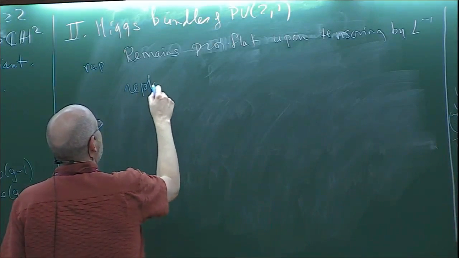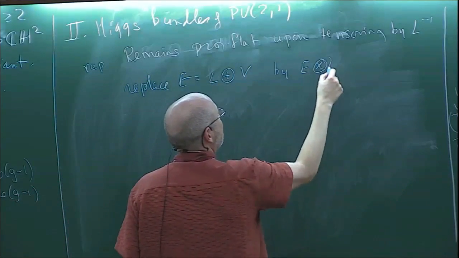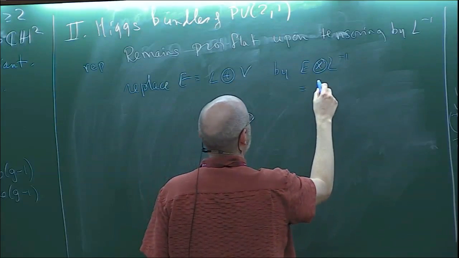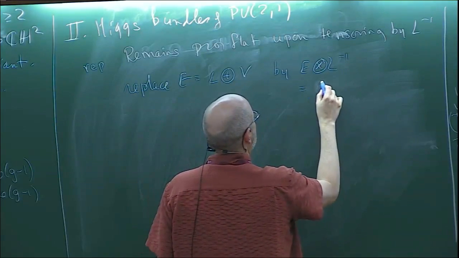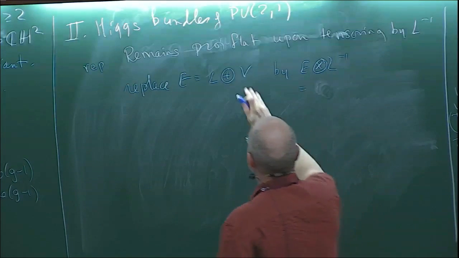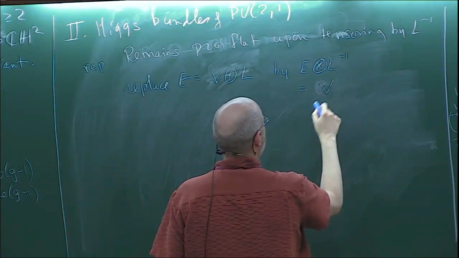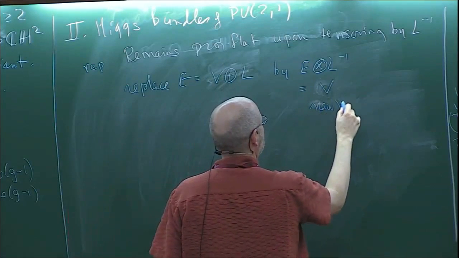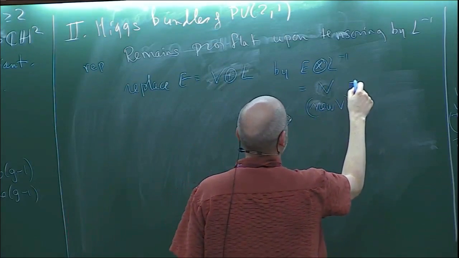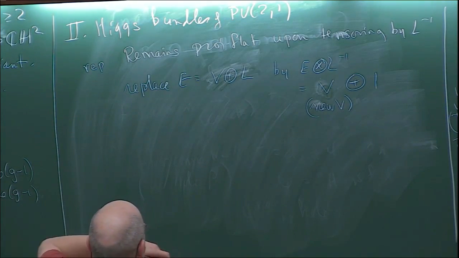And so we're going to replace E, which is L plus V, by E tensor L inverse. Let me write this. Maybe I should say V plus L, I think that's the way I've been writing it. Which is going to be a new V tensor L inverse, plus just the trivial line bundle. Okay? All right.